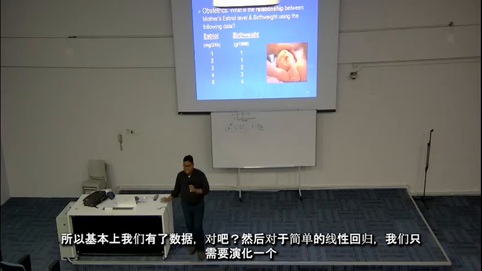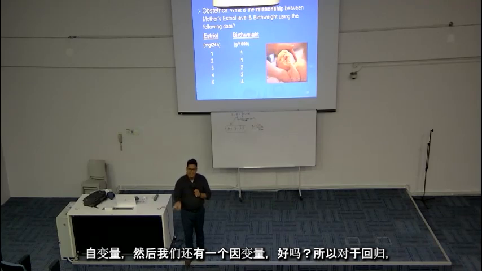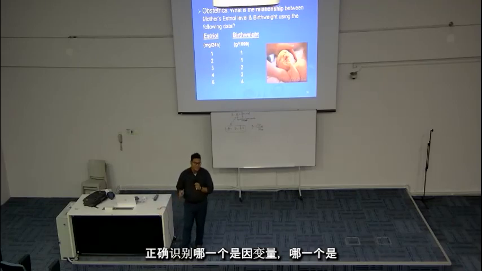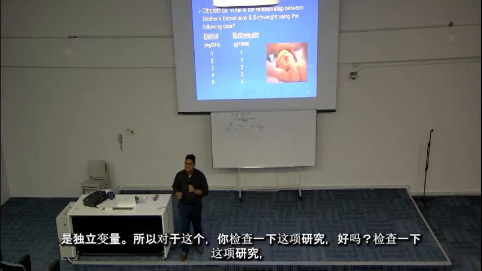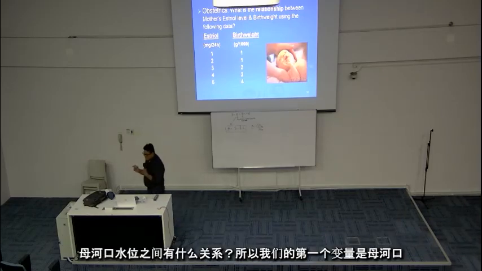For the simple linear regression, we only involve one independent variable, and also one dependent variable. For the regression, it is very important to correctly identify which one is the dependent variable and which one is the independent variable. So for this one, you check this study: what is the relationship between the mother's estriol level and the birth weight.